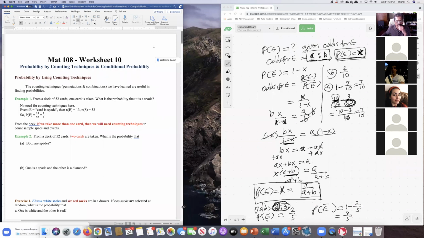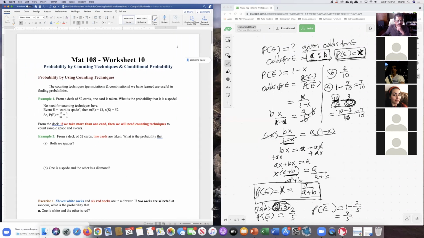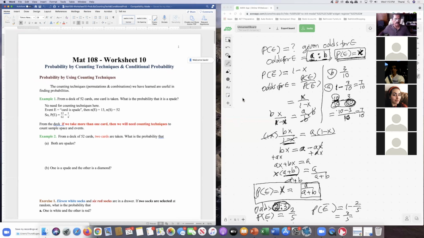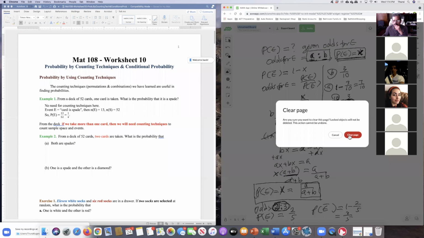We did some of it before, but we need to do more. The problems we have been doing so far did not require counting techniques, except a few, like tossing 5 coins. There are other problems that will require counting techniques, so let's do some of those.